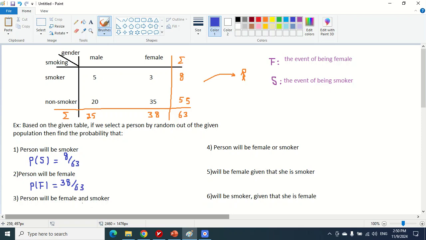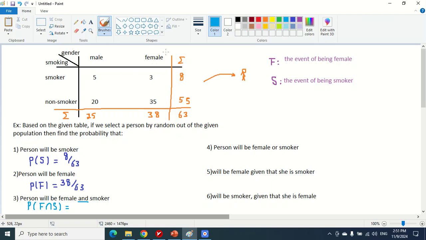The next question asks you to find the probability that the given person will be female and smoker. Means that when I use the word and, it means that simultaneously both of them should occur. In other words, that word and determines the intersection of these two events. Means that I'm looking for the probability of being female, so I will put F, and because it's an and, I use the intersection with being a smoker, so the probability of being female and being a smoker.